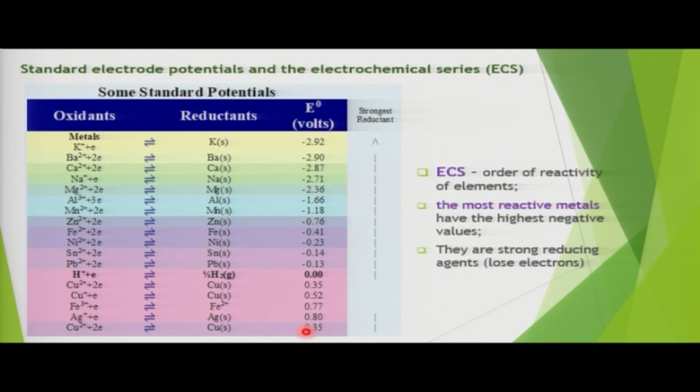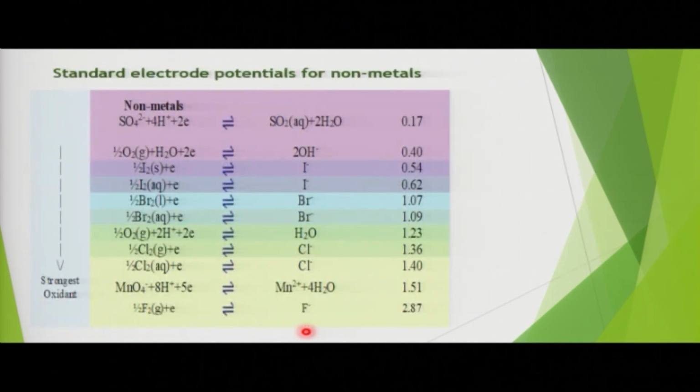And the more reactive nonmetals have a more positive potential. Look at fluorine, chlorine, and so on. So that is it with the potentials and how you can determine the potential difference.